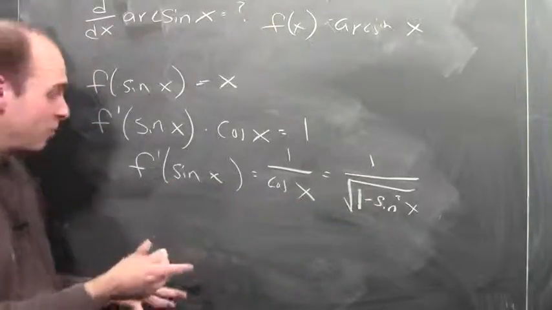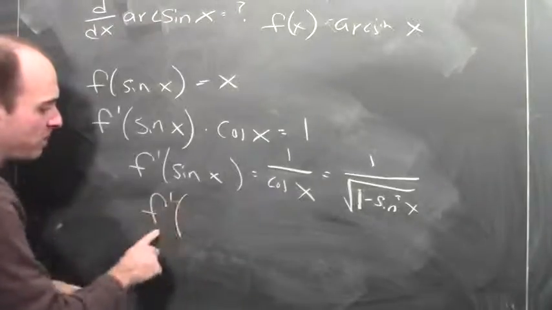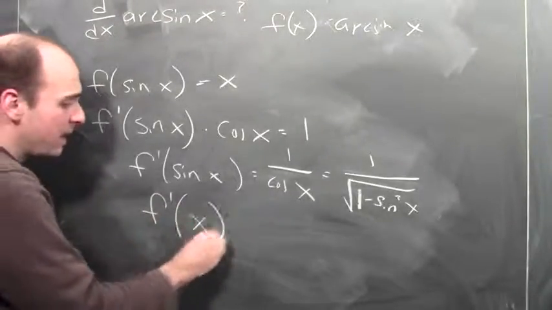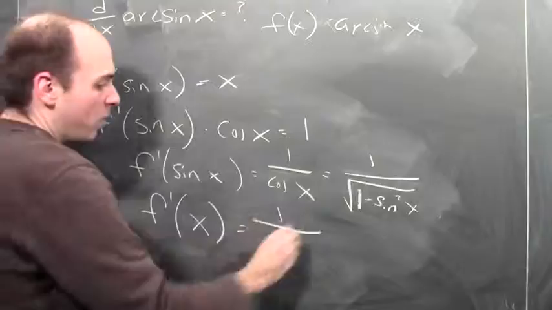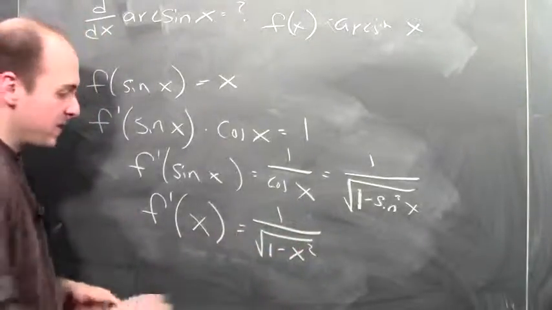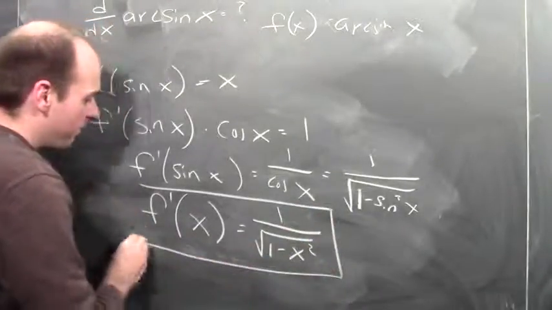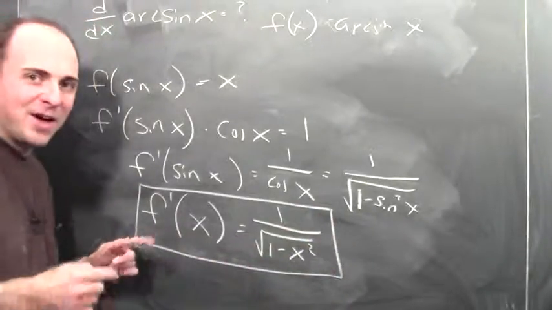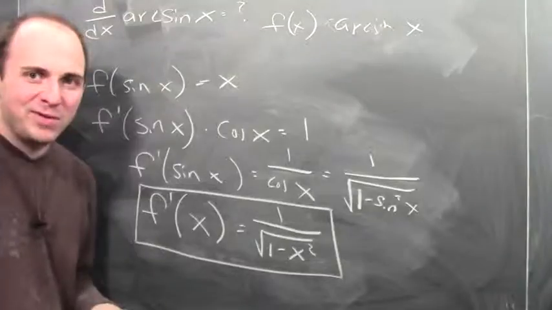So I could rewrite this formula as just the derivative of arcsine at x is 1 over the square root of 1 minus x squared. So there we go. There is a formula for arcsine, assuming that arcsine is differentiable.